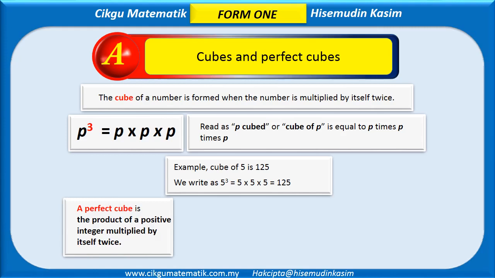A perfect cube is the product of a positive integer multiplied by itself twice.